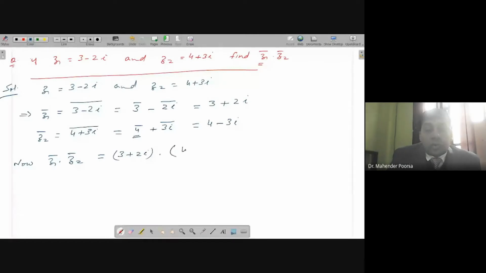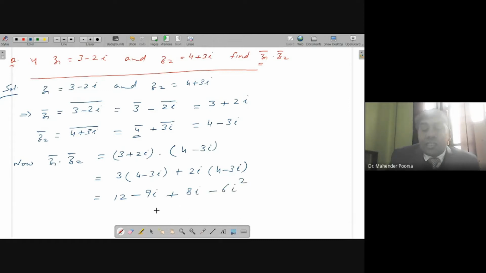Which is equal to 3 plus 2 iota into 4 minus 3 iota, right? We can write it as 3 into 4 minus 3 iota plus 2 iota into 4 minus 3 iota, which is equal to 3 into 4 is 12, minus 3 into minus 3 iota is minus 9 iota, plus 2 iota into 4 is 8 iota, or minus 6 iota square, right?